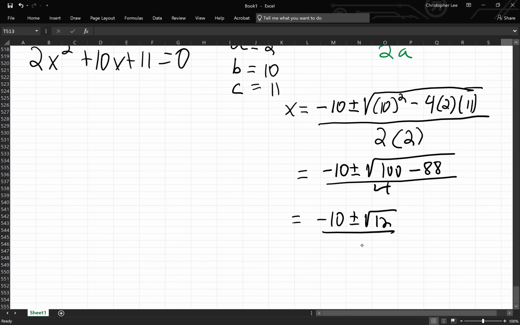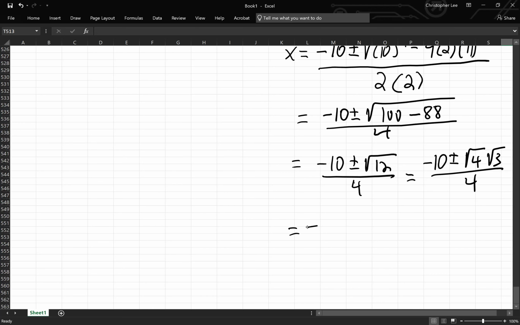Square root 4 over. Good. So this is negative 10 plus or minus 2 square root 3, then both over 4.